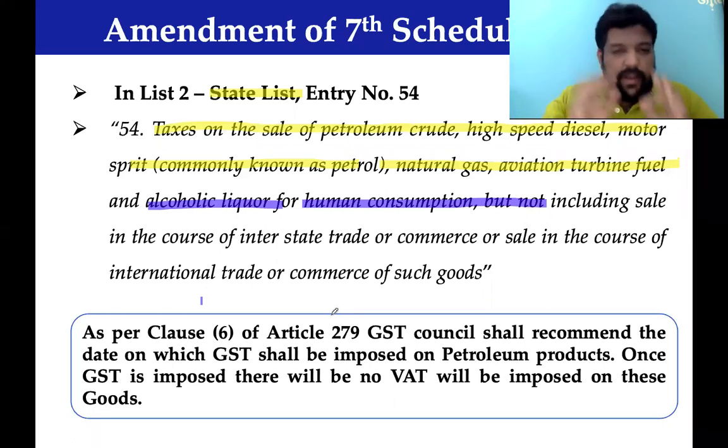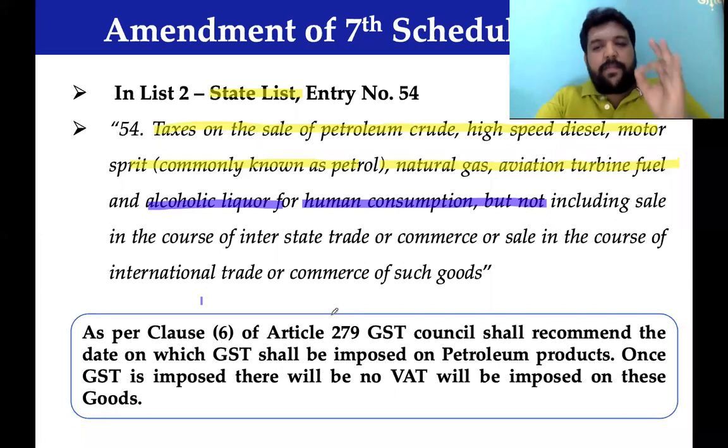Coming back to our discussion, if in India you sell the 6 goods within a state, there is going to be a VAT. What are these 6 goods? 5 goods are petroleum products, and the 6th is alcoholic liquor.